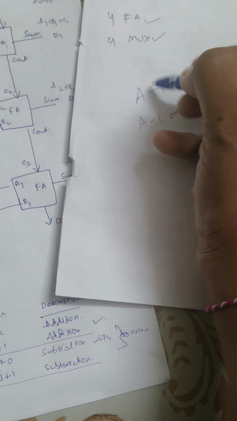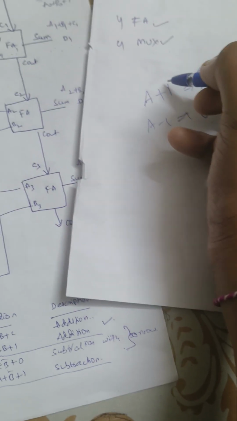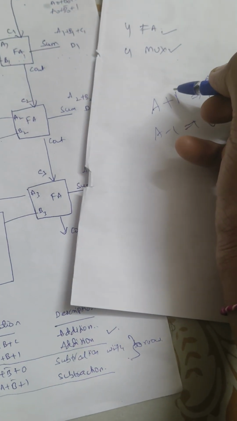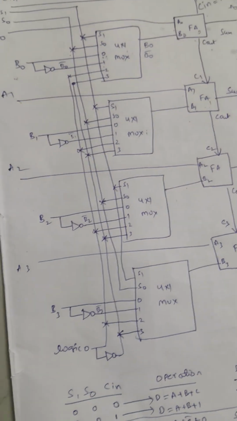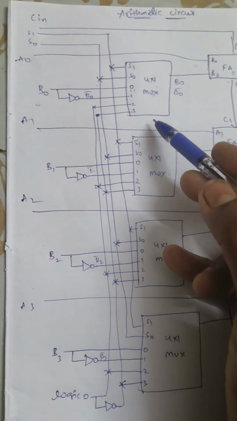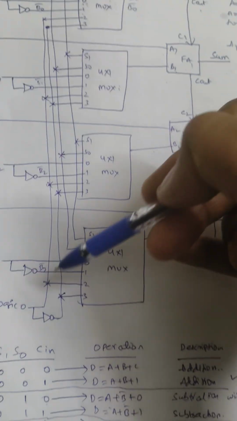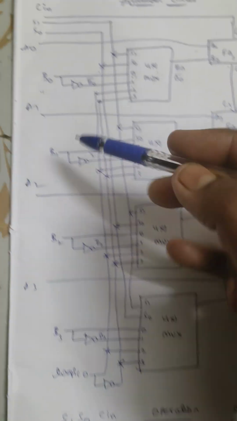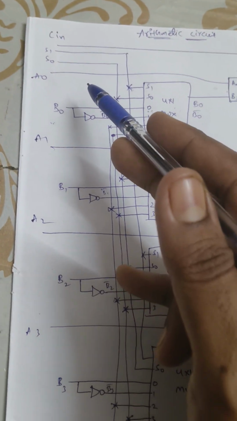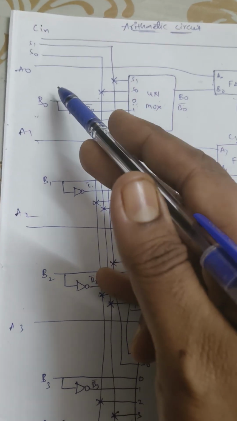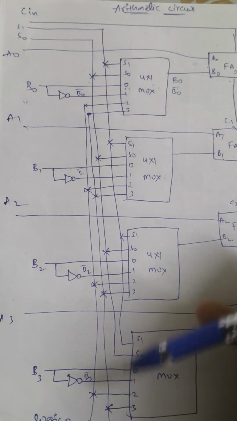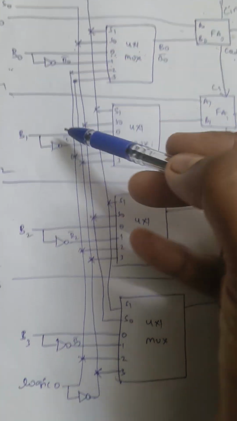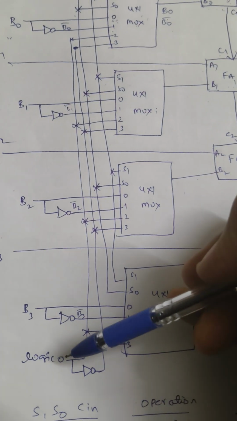So there is no need of another register. What I have to do is make the other register information 0. So here I am connecting the second bit to logic 0. If the selection lines are 1 0, the second bit of each multiplexer is selected, and the second bit is connected to logic 0.